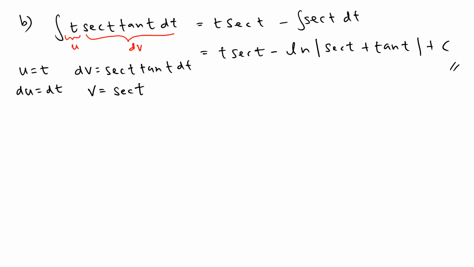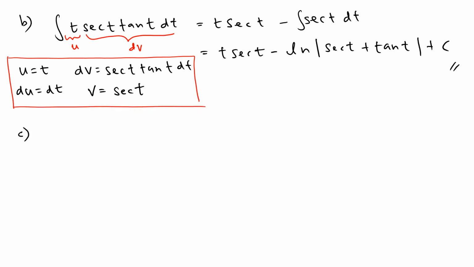Okay, so that's the answer. You can see it's very simple. So these are the u and dv. Okay, good. So let's do another one, maybe with log. How about the integral of x to the 5/2 natural log 2x dx.